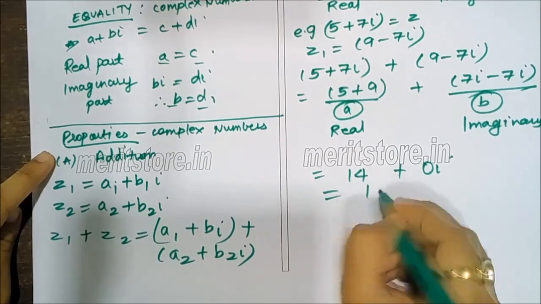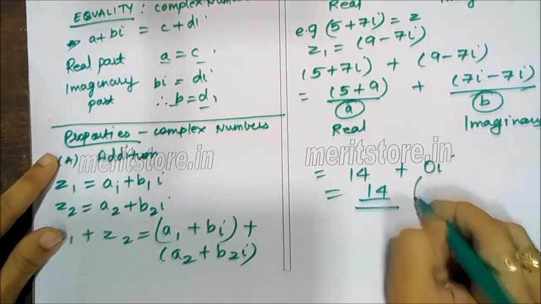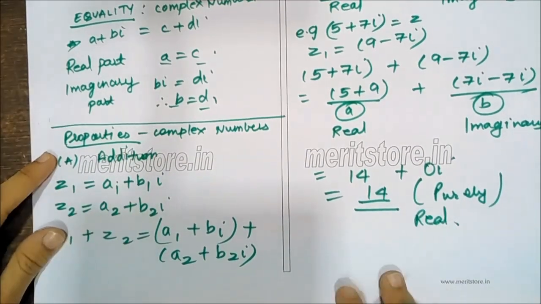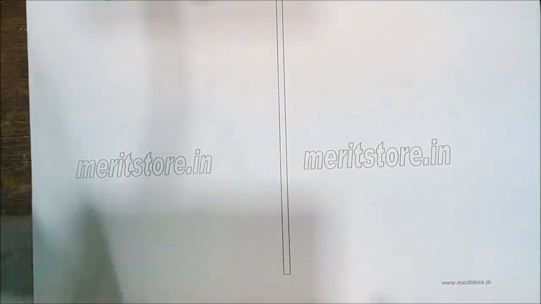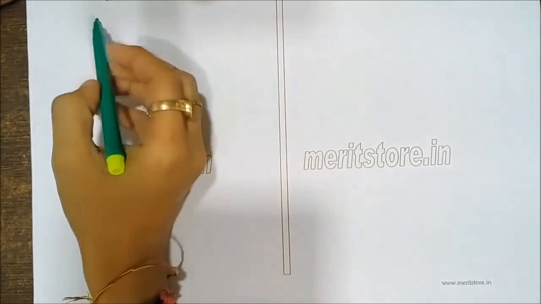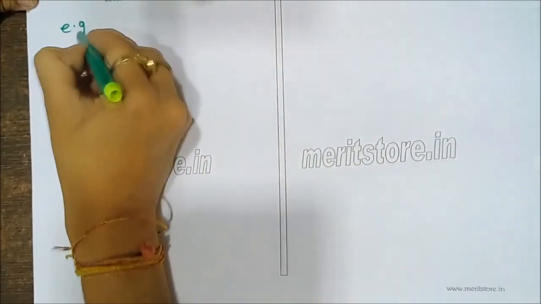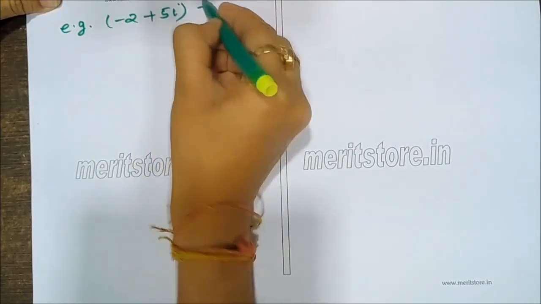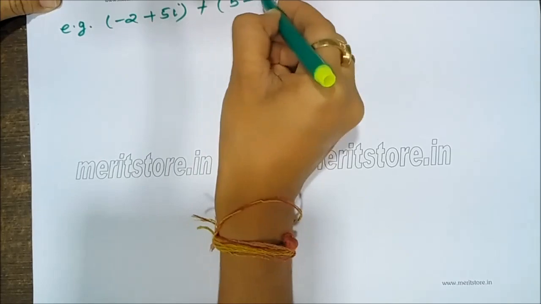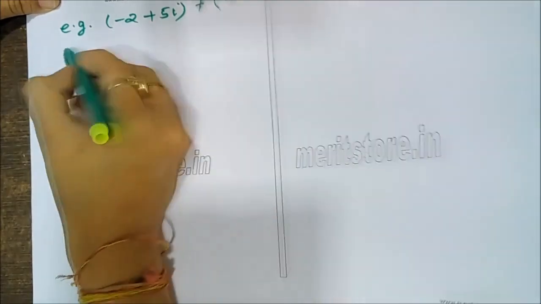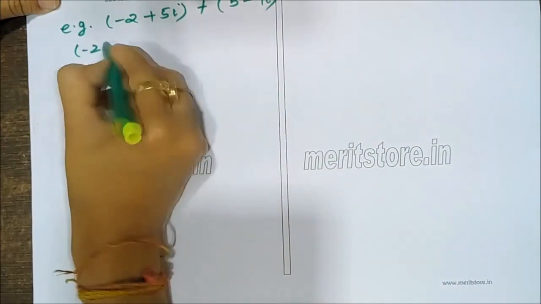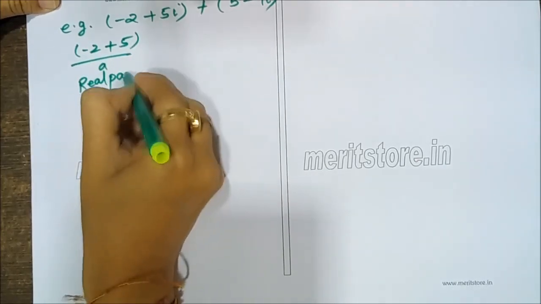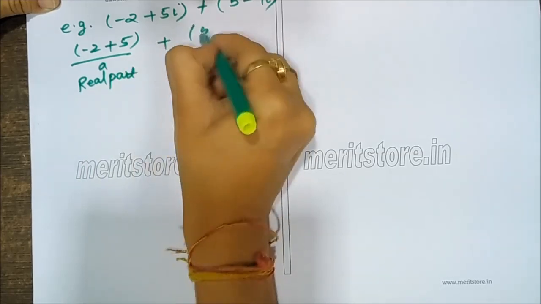So the answer is 14. It is purely real. This was just an example. One more example we would take. Minus 2 plus 5i plus 5 minus 9i. So, real part together, and imaginary part together.